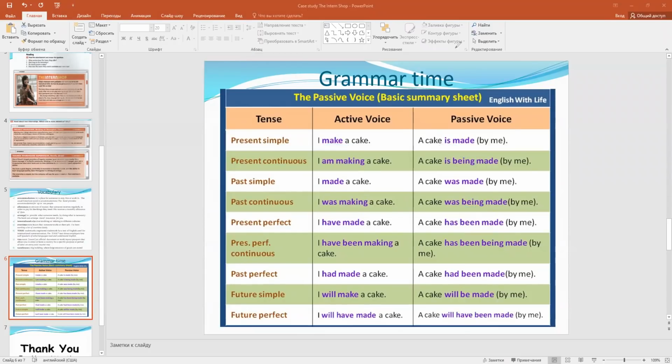New buildings have been built. Has been built. Yangi uylar qurilyapti. Are being built. The new buildings being built. Yes.